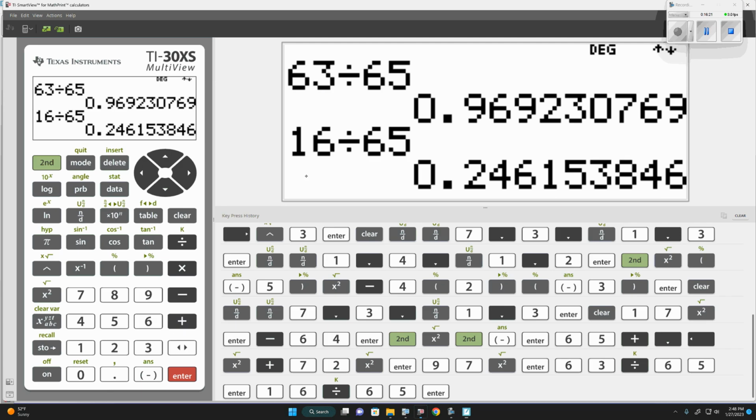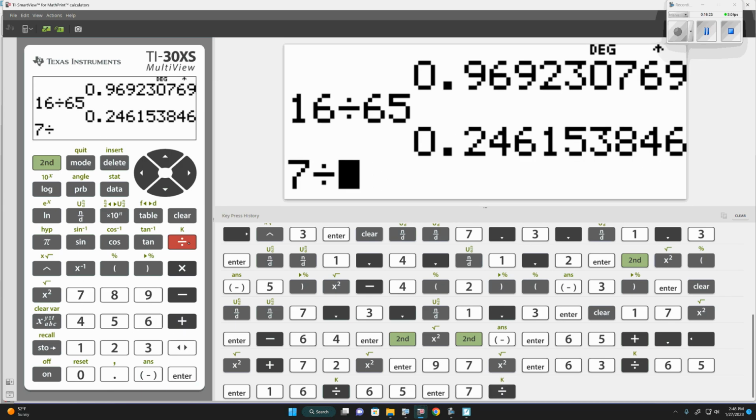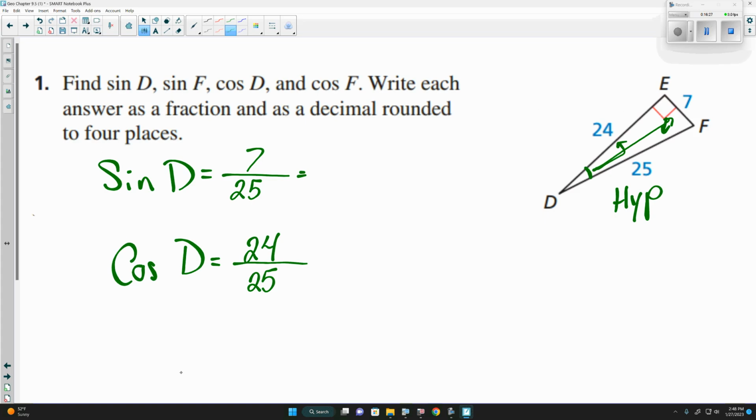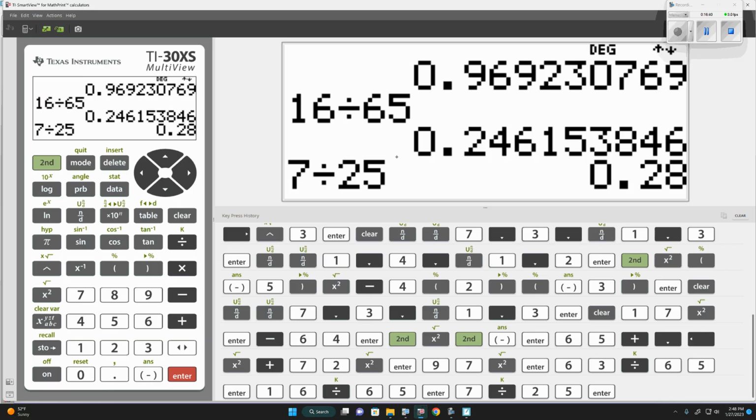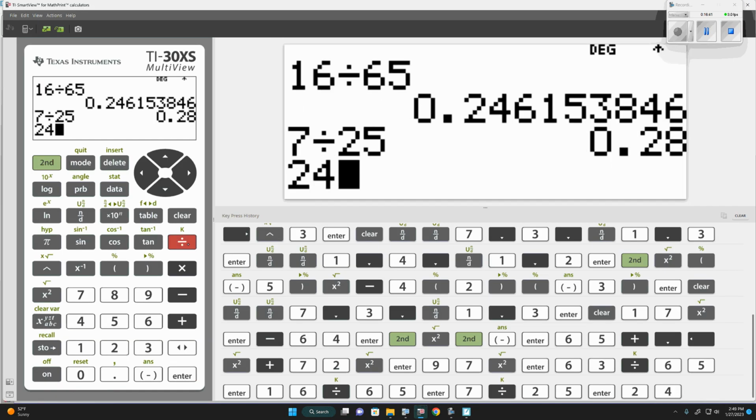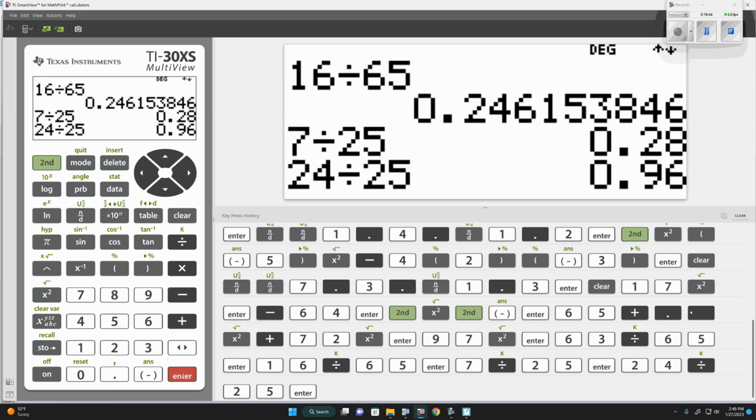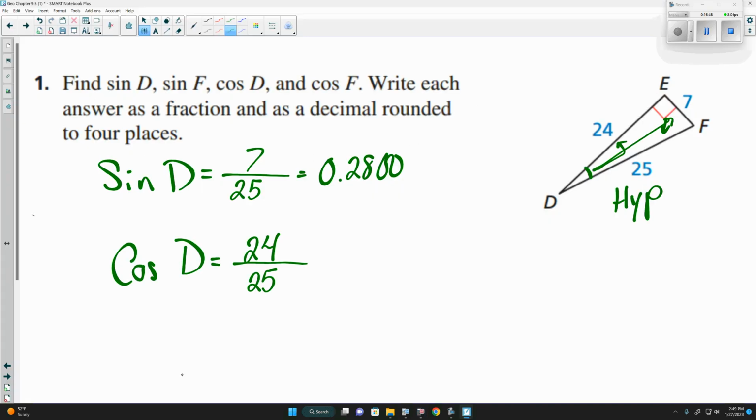Now on the calculator we can do 7 divided by 25, which is 0.28. And we'll add 2 zeros so it's rounded to 4 decimal places. Then we can also do 24 divided by 25, which is 0.96. So this is equal to 0.9600.